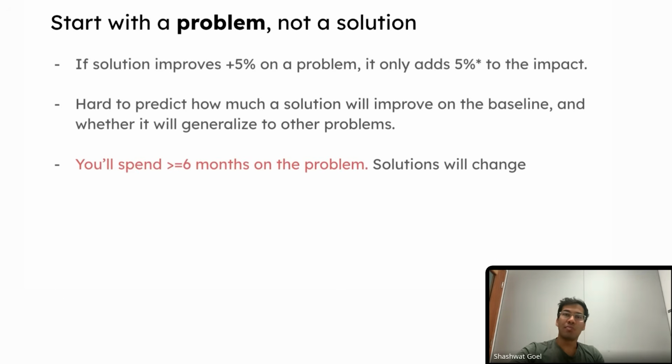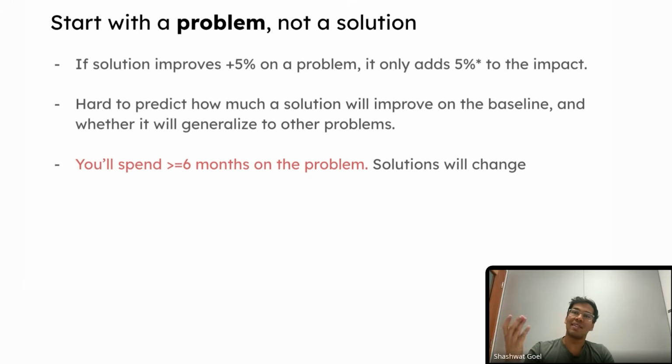And what I think is more important is picking a problem that you're passionate about, because no matter what you do, you will end up spending more than 6 months on the project. And basically the maximum impact that you can have in any project is upper bounded by how important your problem is. If you pick a problem that's not very important, then you can work really, really hard, and in the end maybe people just don't care about the problem itself.